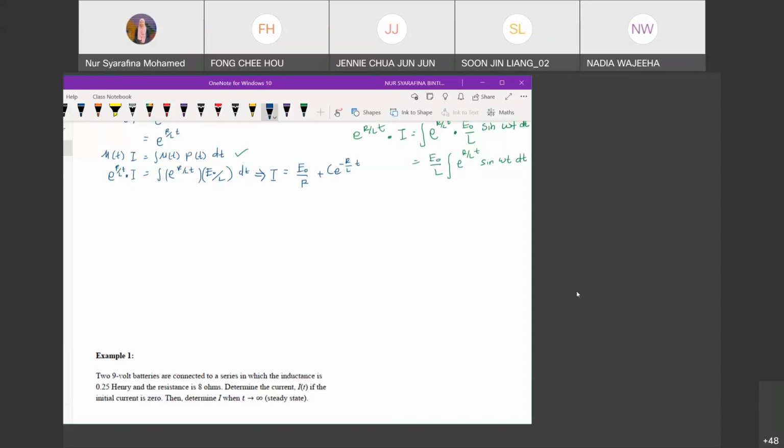What are the two 9-volt batteries here? 18 volts is what? What is the value for? Okay, for E naught. This is your E naught.